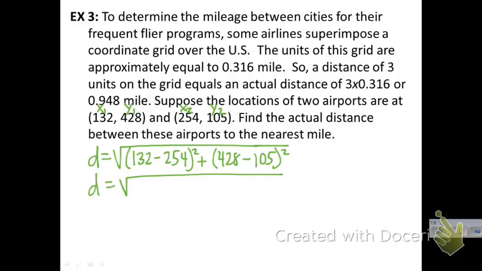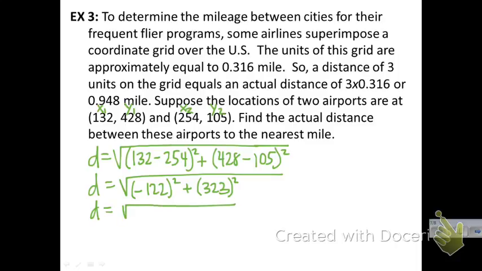So we get 132 minus 254 is negative 122, and 428 minus 105 is 323. Okay, our next step would be to square them. Again, at this point, you want to make sure that you get positive values.